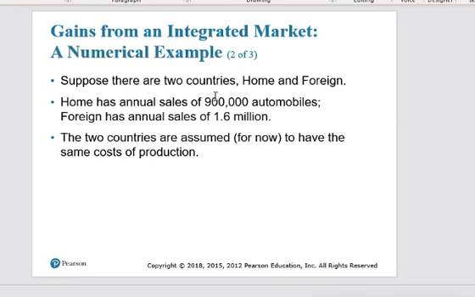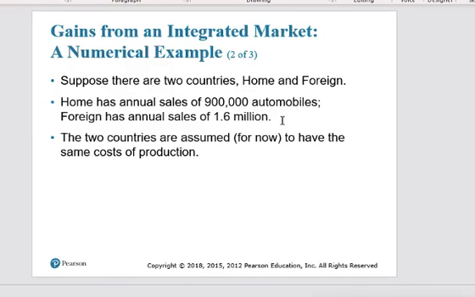Next, suppose there are two countries, home and foreign. Home country has annual sales of 900,000 vehicles, and the foreign country is a larger market, with annual sales of 1.6 million.